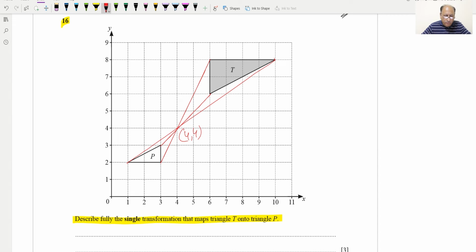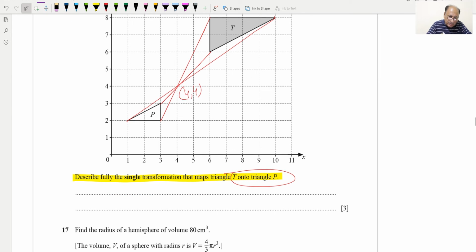So describe fully what we'll be writing. T onto P. You can see this is a reduction, or minus basically, and this is 4 units converting to 2 units, so minus 1 by 2.